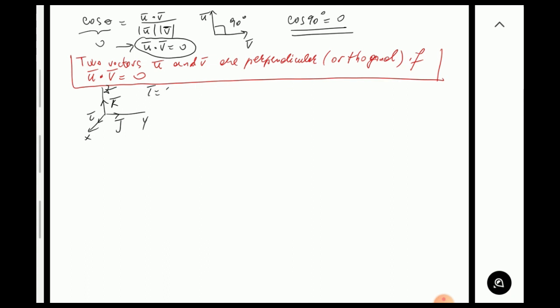Remember, i stands for 1, 0, 0, j for 0, 1, 0, and then k for 0, 0, 1. Now with the operations we have already established, first of all, these are unit vectors, their magnitude is 1. Any two of them are orthogonal, because obviously the angle between them is 90 degrees. You can check immediately that the dot product between any two of them is equal to 0.